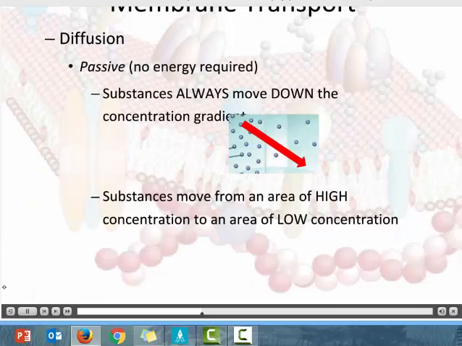Diffusion is going to be passive, meaning that our molecules always move from high concentration to low concentration. In general, diffusion is the mixing of molecules randomly. This acts to spread our solute evenly throughout our solvent.